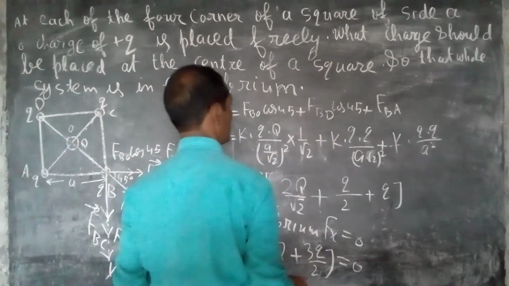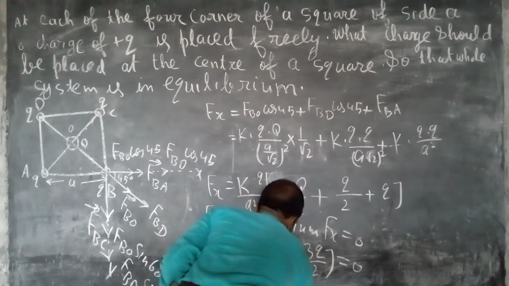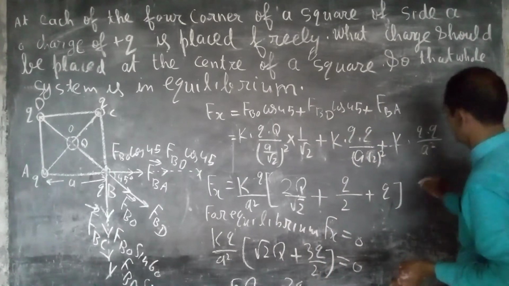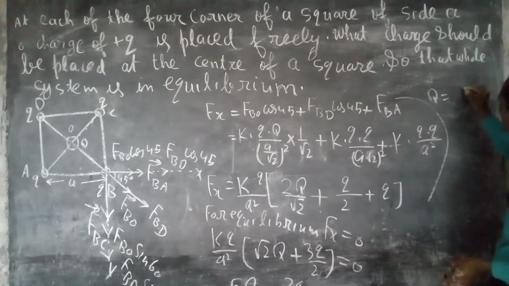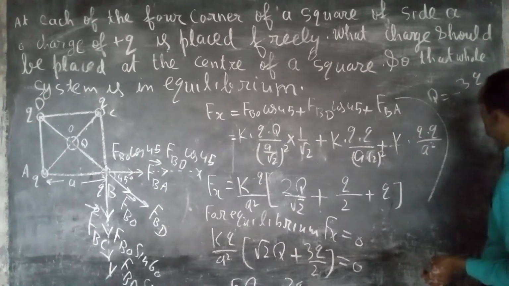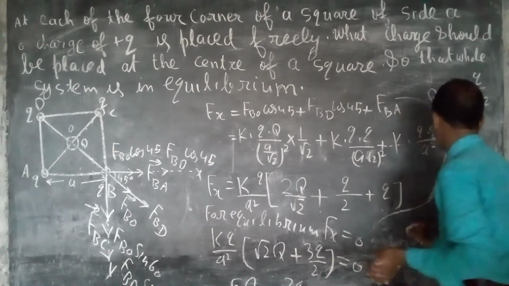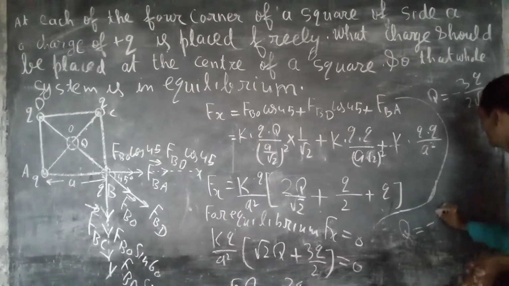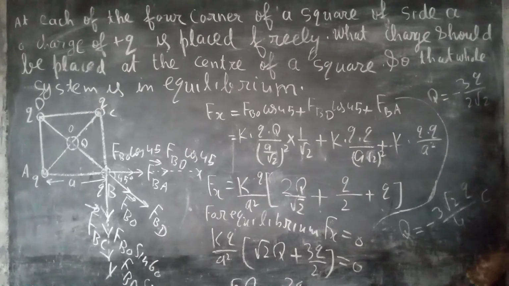So root 2 Q is equal to minus 3q by 2, so Q is equal to minus 3q upon 2 root 2. So Q is equal to minus 3 root 2 q upon 4.